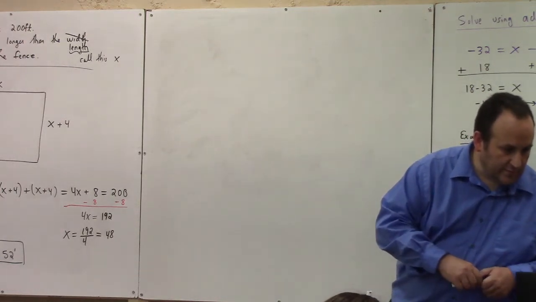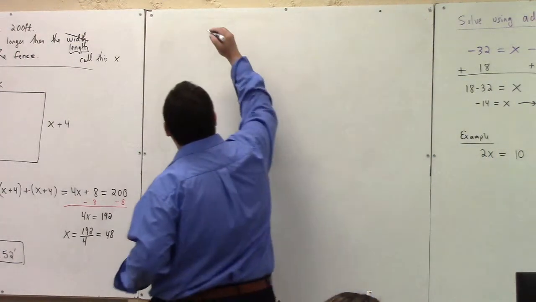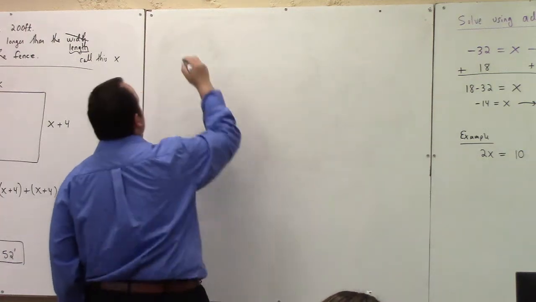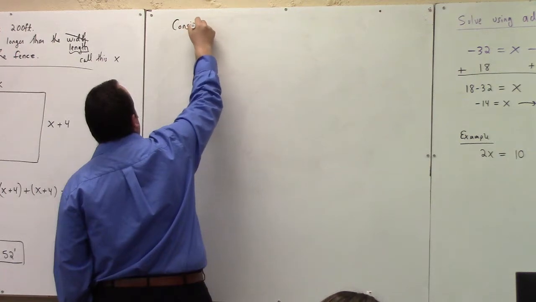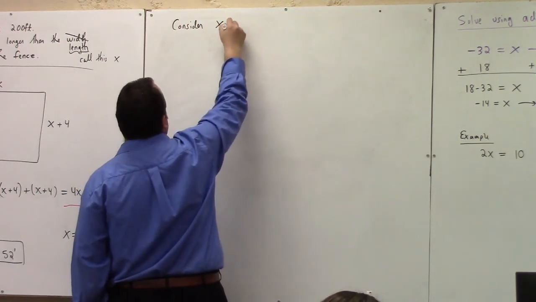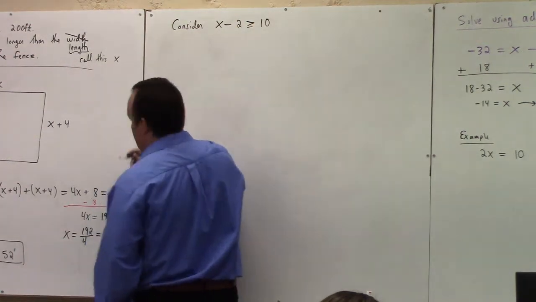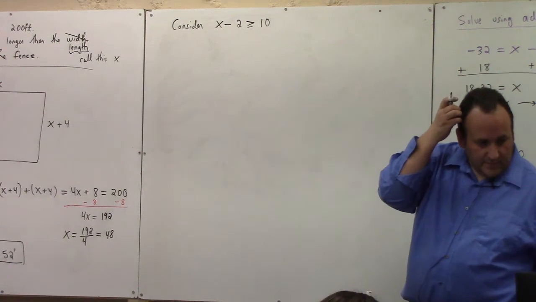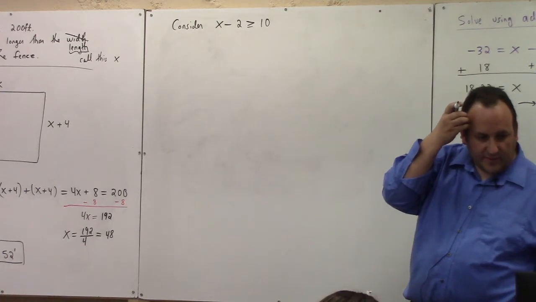Let's see here. Here's the question. Let's consider x minus 2 greater than or equal to, say, 10. Then the question is whether or not a given list of numbers are actually solutions.